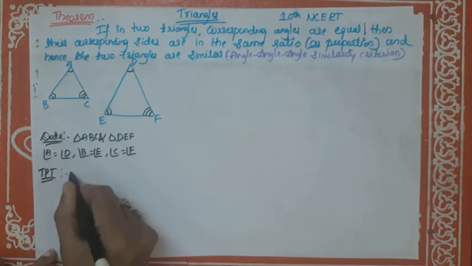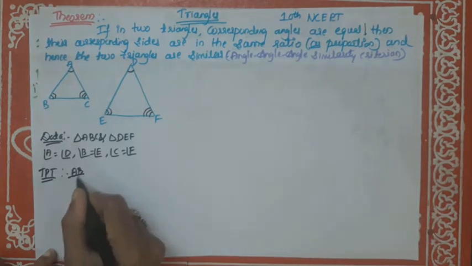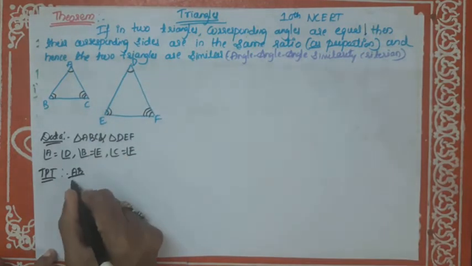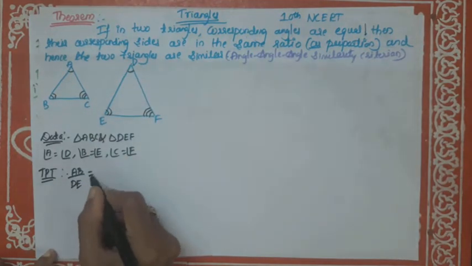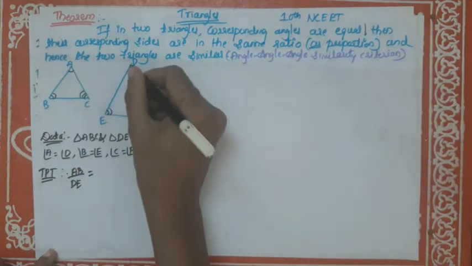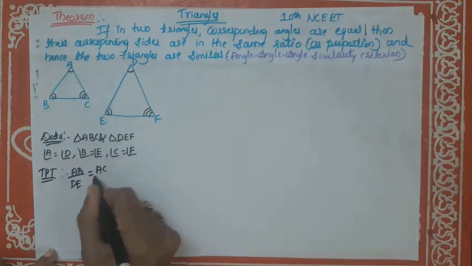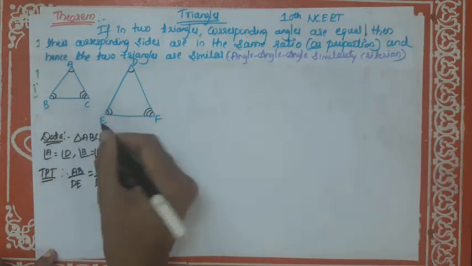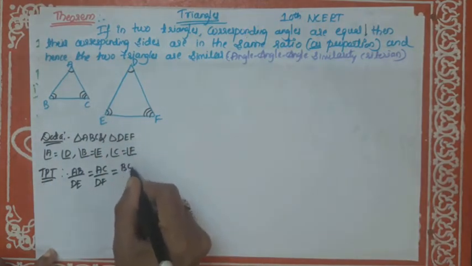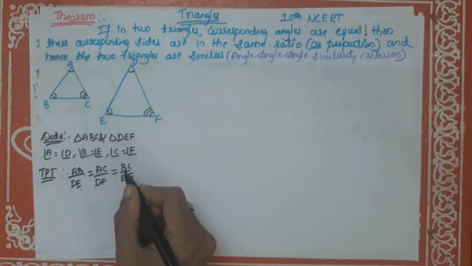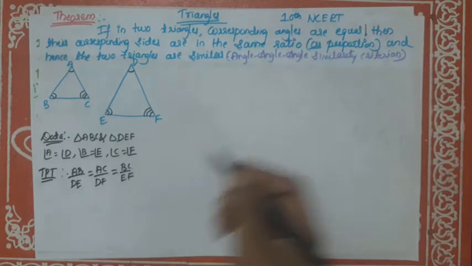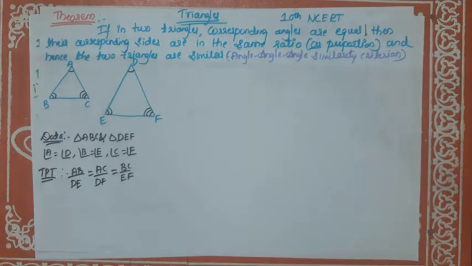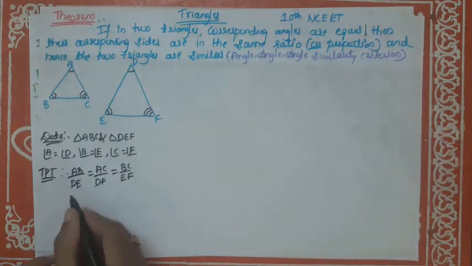That is, AB divided by DE, then AC divided by DF, equals BC divided by EF. So these are in the same ratio, and hence the triangles are similar.